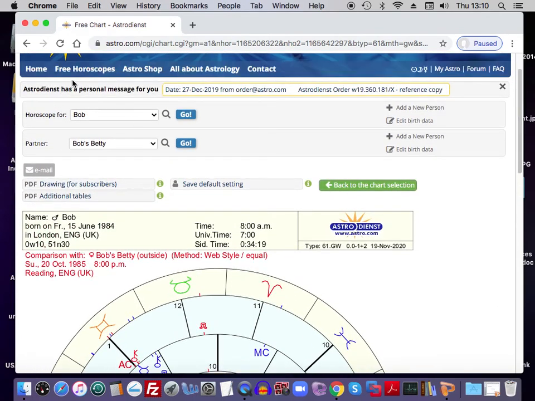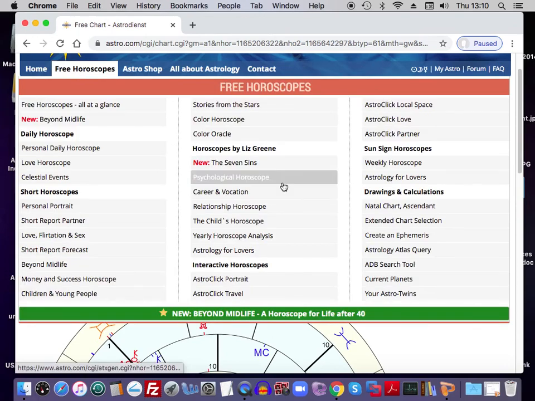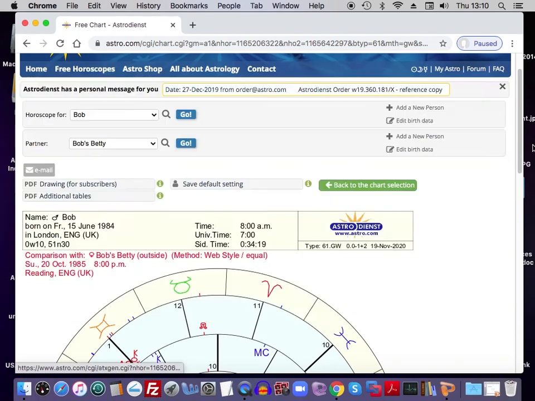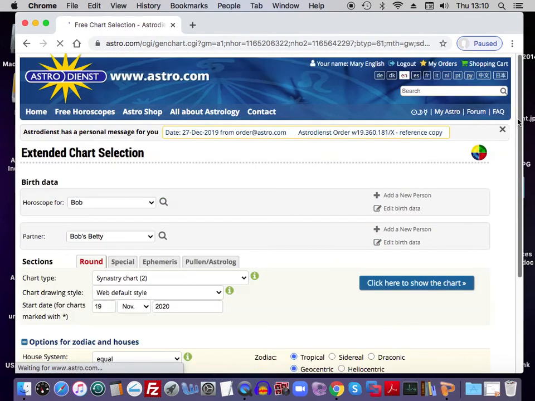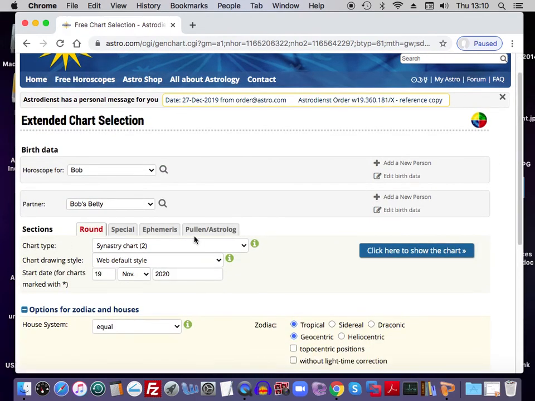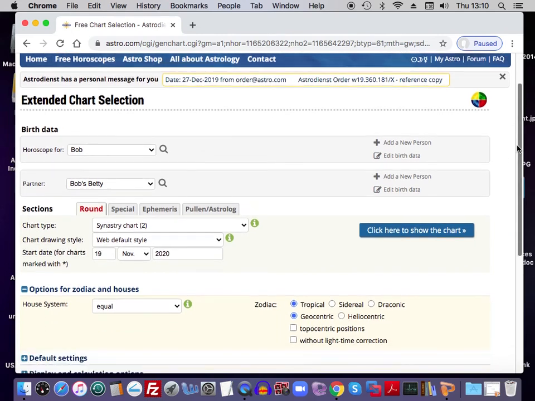So you go to astro.com, you go to free horoscopes, you scroll over to the right hand side, extended chart selection, you go to the page, you add the data for the two different people, and you scroll down to the box that says chart type. You have horoscope for person number 1, and person number 2 is the second person, and you can do it either way around.